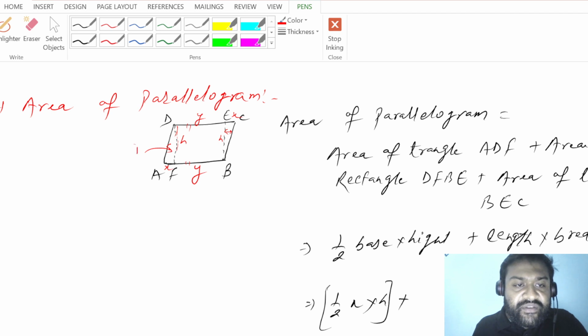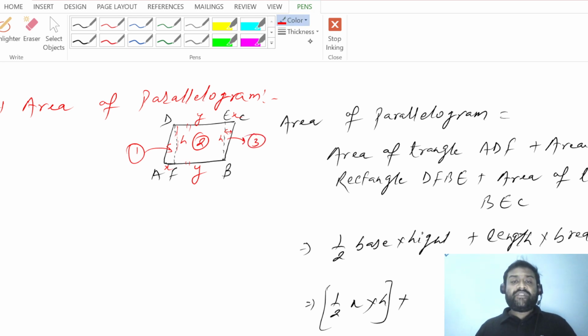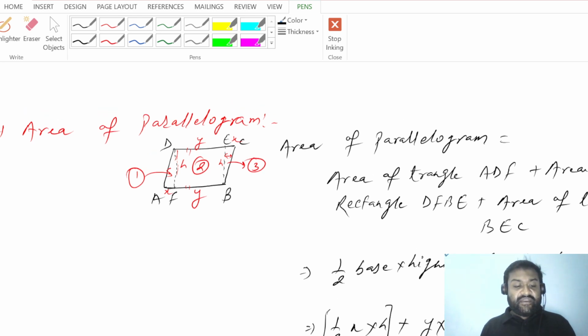First part is this, second part is this, and the third part is this. Now the things will be more clear. Length into breadth is y into h, plus again half base x into h.